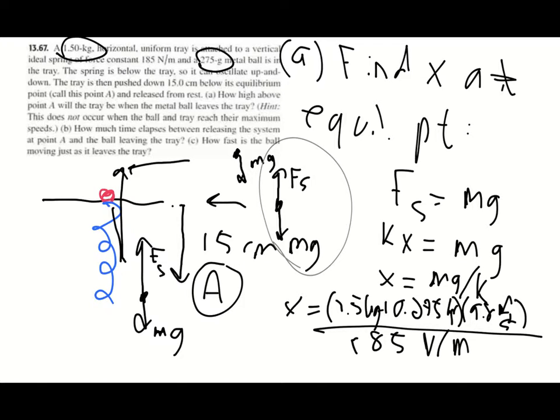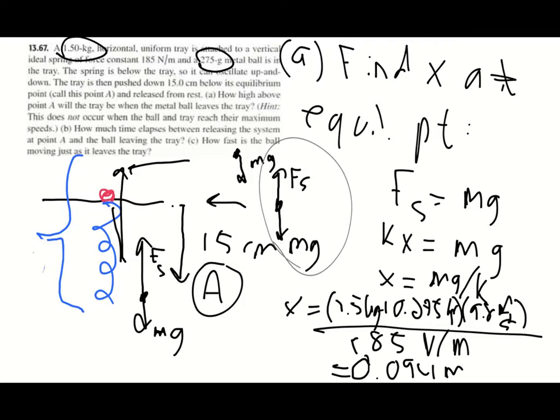Okay, and I get an answer of, looks like 0.094 meters. So in other words, that's how far above the equilibrium point the ball is going to leave. So this point here is actually, if we measure it out, from there to there, it's going to be 15 plus, oh, that's weird, let's erase that.